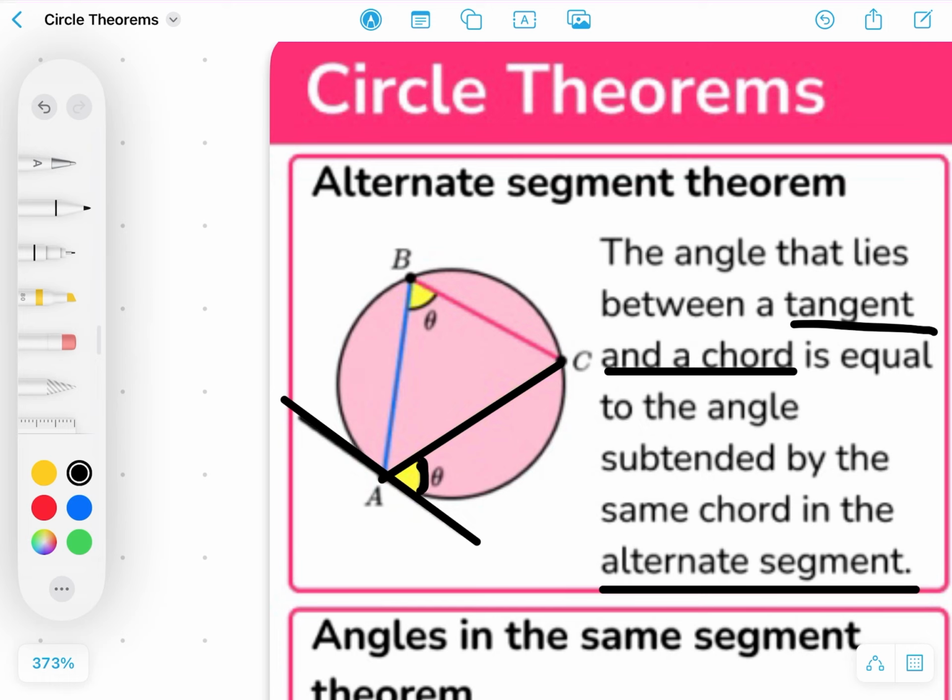And then this angle that lies between a tangent and a chord, that angle is equal to the angle in the alternate segment. So what that means, the angle in the alternate segment is also subtended by the same chord AC.